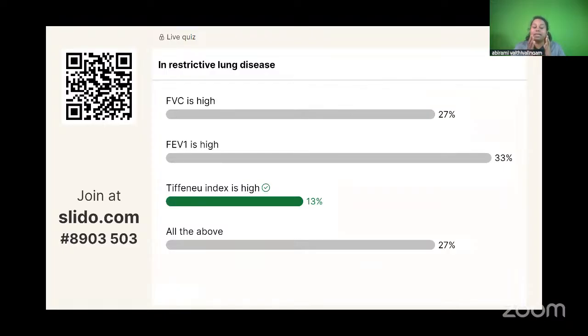What is the normal FVC? 4 liter. In restrictive disease, it is only 2 liter. What is the normal FEV1 of the 4 liter? It is 3.3 liter. But here it is not so much. So Tiffeneau index is high is the most correct answer. You can't say FEV1 is high because their FVC itself is only 2 liter. Out of that, 1.8 looks like it is more. But actually their FEV1 is not more. Yes, Tiffeneau index is high should be the correct answer. Okay, 90%.